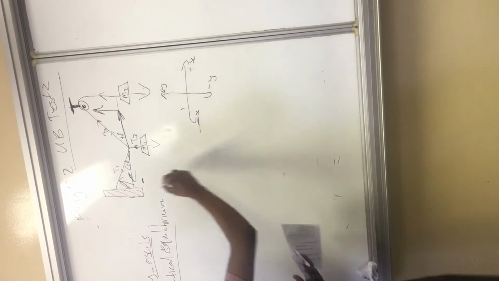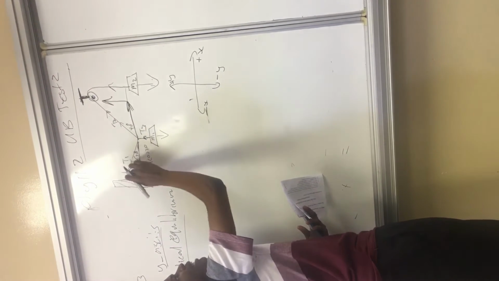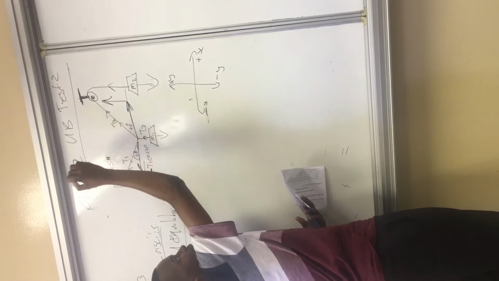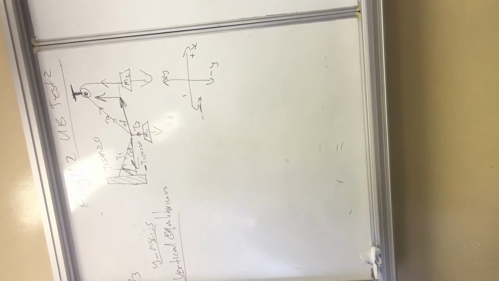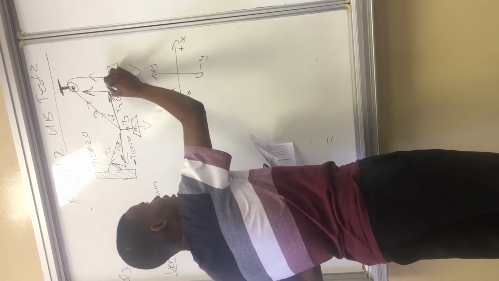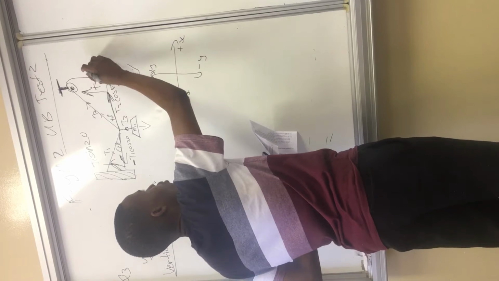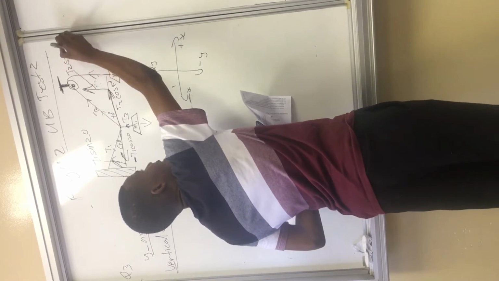So this force is going to be T1 cos 20, and this force here is going to be T1 sine 20. This force is going to be T2 cos 40, and this one is going to be T2 sine 40.